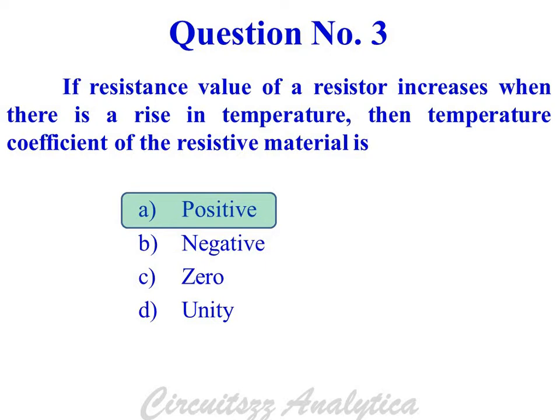So if temperature coefficient of resistive material is positive, then when temperature increases, resistance value also increases. On the other hand, if temperature coefficient is negative, then when temperature increases, resistance decreases.